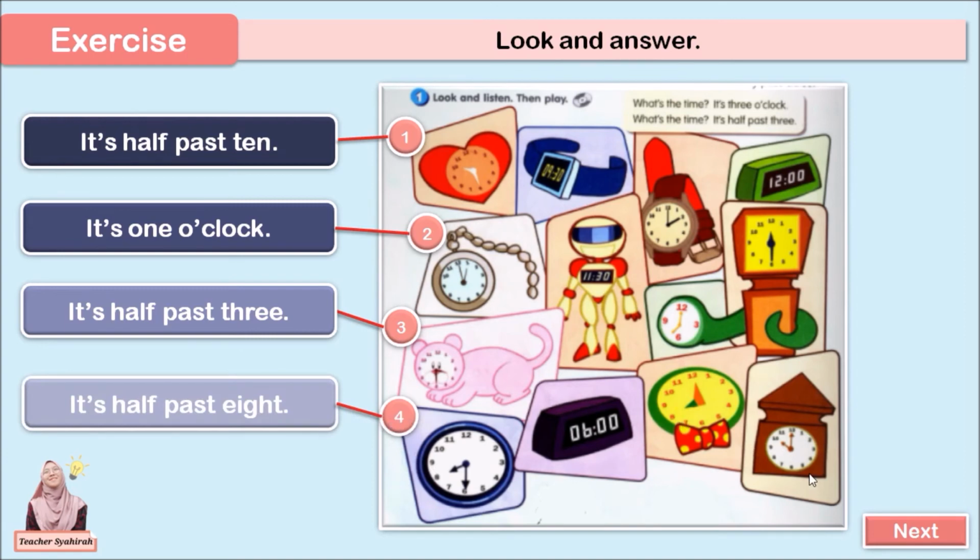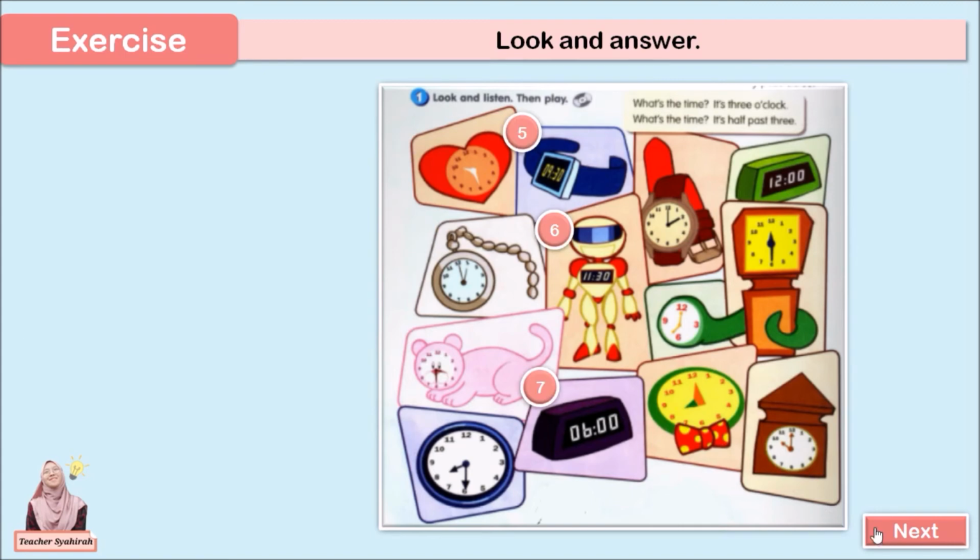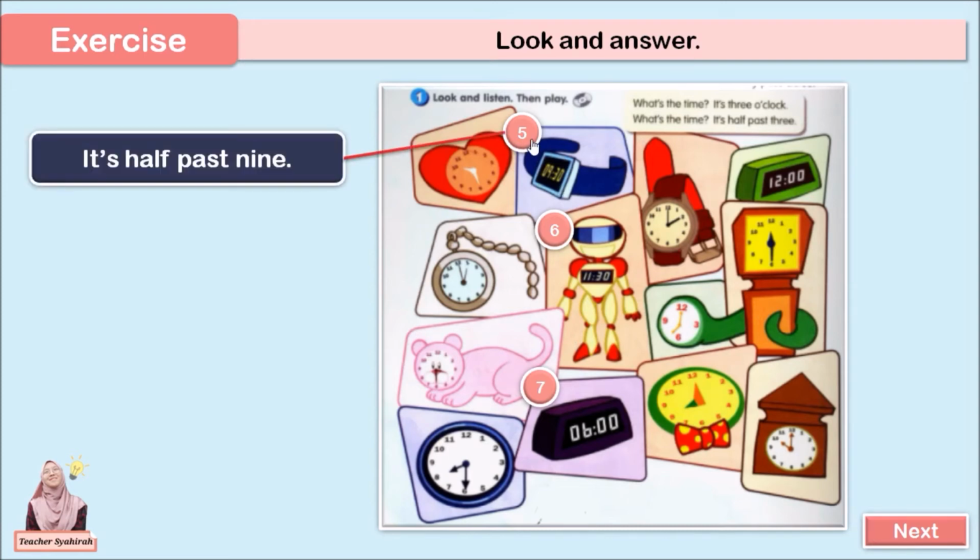Now we're going to move on to the next line. So the next row, number 5. 9:30. What is the other way of saying 9:30? Yes, it's half past 9. The next one is 11:30.